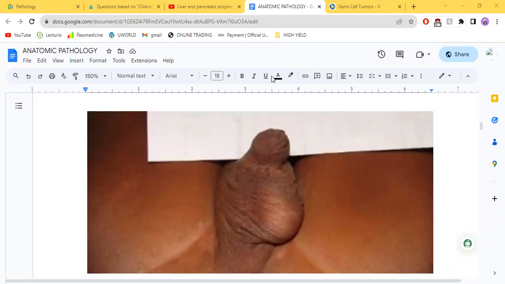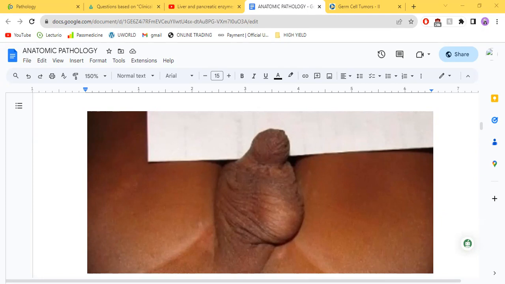But this is an undescended testis. What is the medical term for undescended testis? Exactly, cryptorchidism.